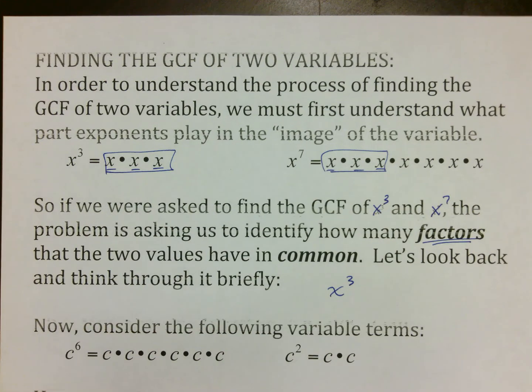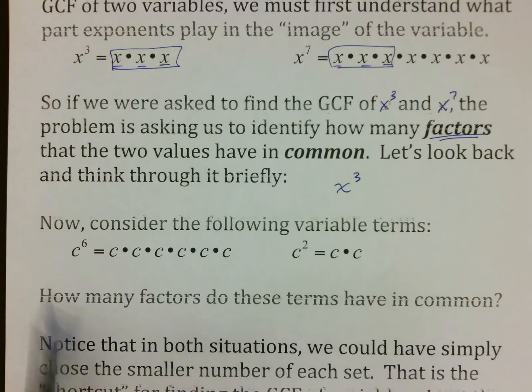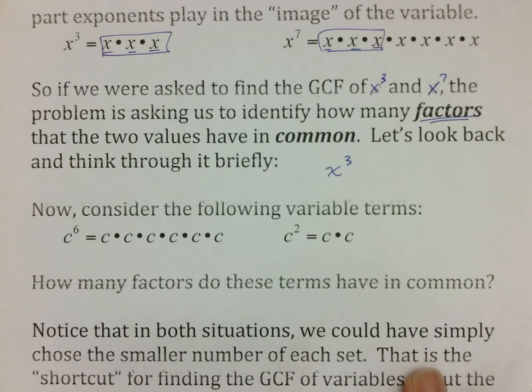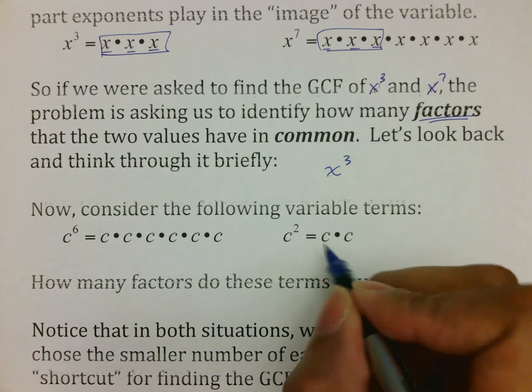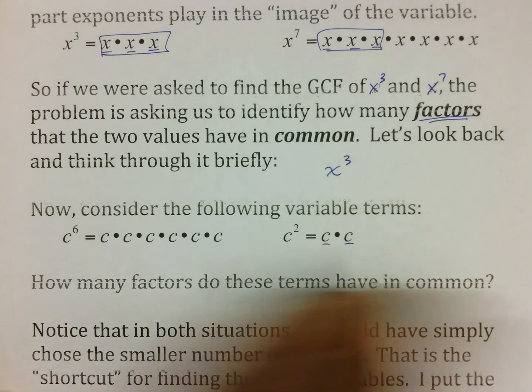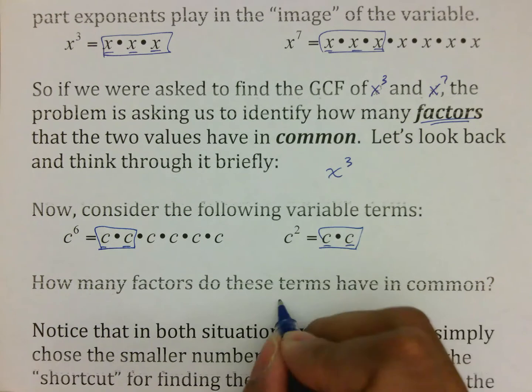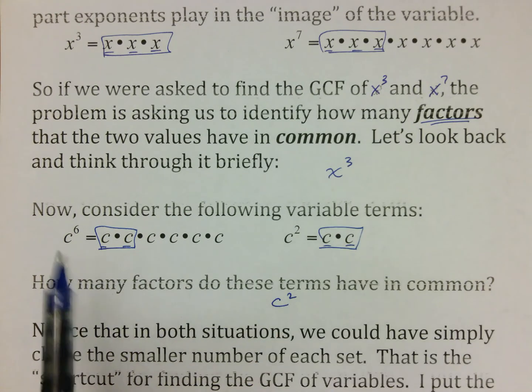All right? Now consider the following variable terms. c to the 6, which is 6 c's, c to the second, which is 2 c's. How many factors do these have in common? Common sense, and basic observation, means that they both have 2 c's in common. And that would be the GCF of c to the 6th and c to the second.